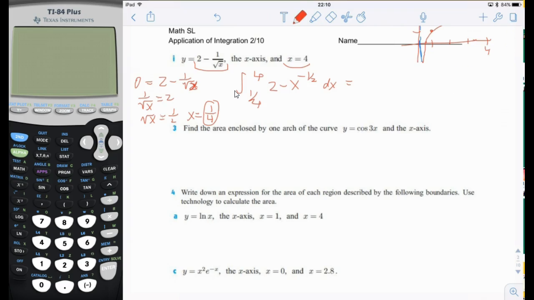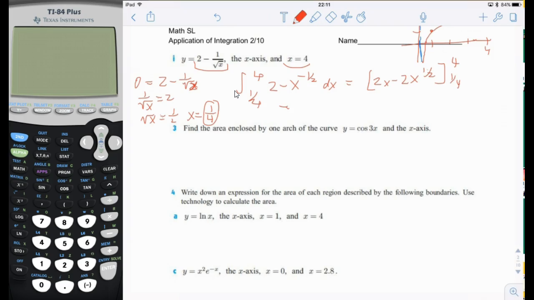And so the integral of 2 is going to be 2x. The integral of negative 1/2 is going to be x to the 1/2 times 2, and then the negative sign is maintained. So we can take the definite integral of that. We're going to have 4 here, and we're going to have 1/4 here.